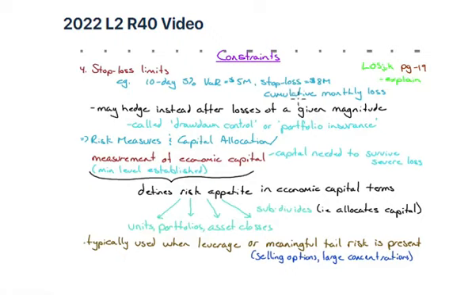Instead, I said you could either reduce your positions or liquidate, you may hedge instead after losses of a given magnitude. And this is very common in futures trading, where you would take on a position, and if it works against you, after a certain point, rather than triggering a stop loss, you'd simply hedge it out with maybe an option on the futures.